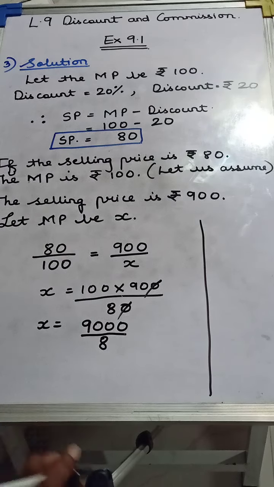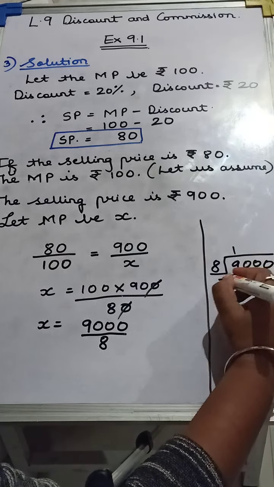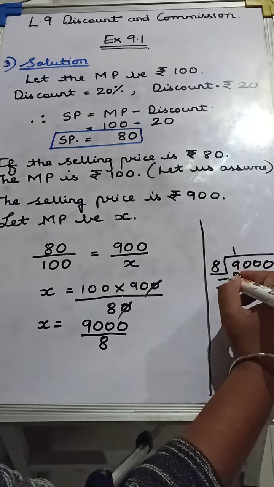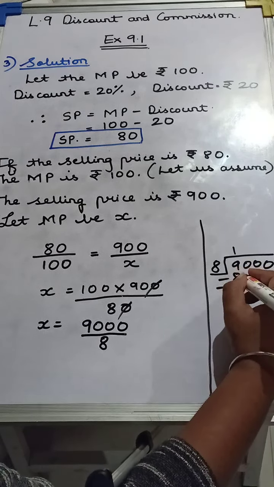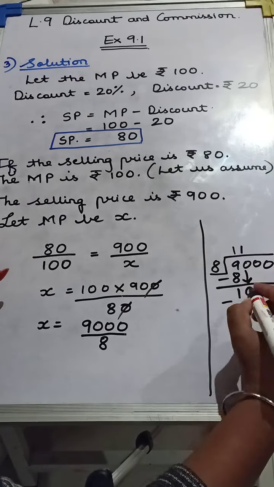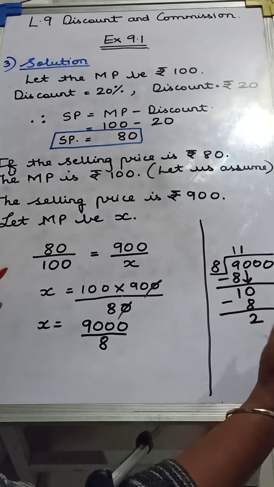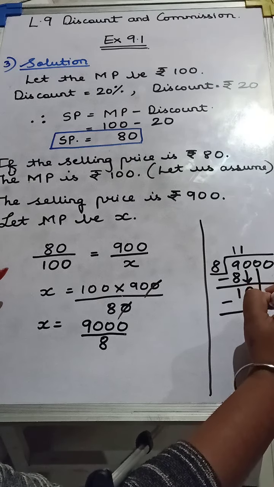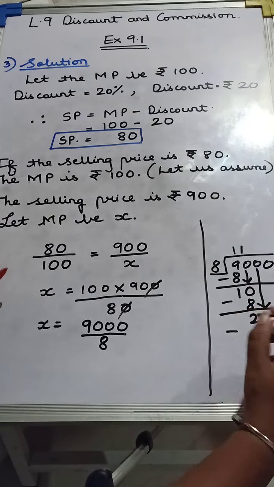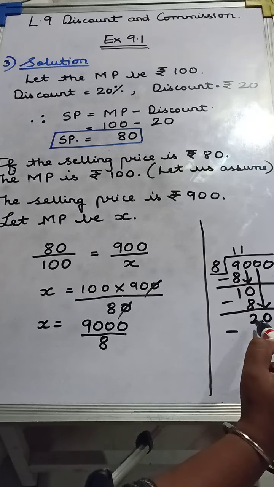Okay. Now we will do the division work here. That is 9000 divided by 8. So 8 ones is 8. 9 minus 8 will give you 1. We'll take 0 down. Again 8 ones are 8. 10 minus 8 will give you 2. Again we'll take the next 0 down. So 20 is there.